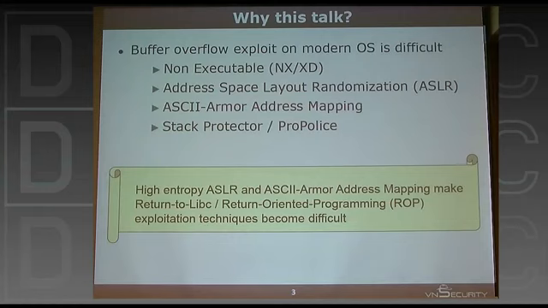So why is the talk on this one? The thing is that most of the modern operating systems nowadays have a lot of different protections for security vulnerabilities. So you can see there is non-executable with NX, address space layout randomization.